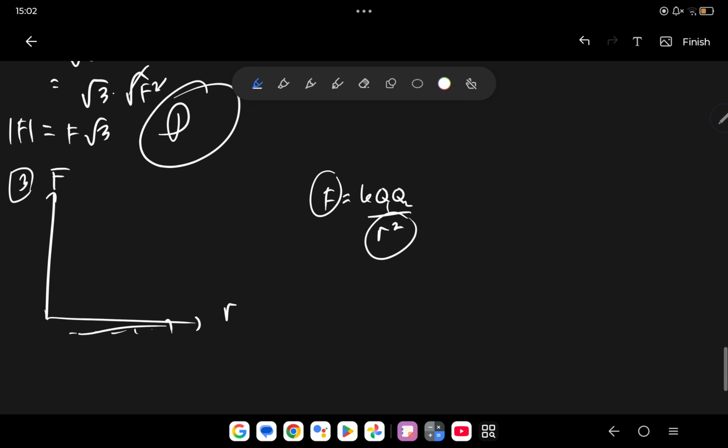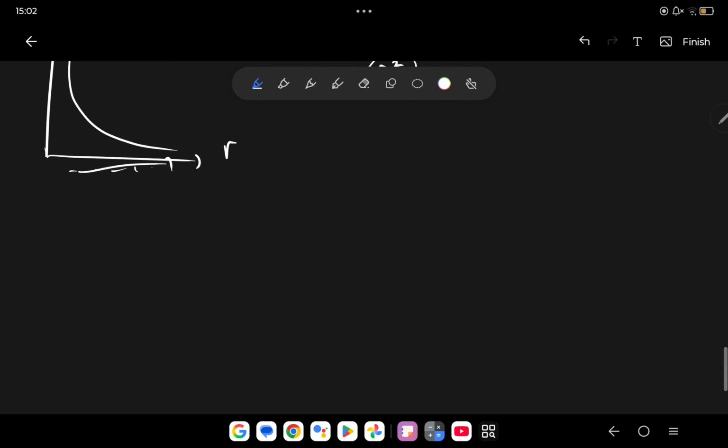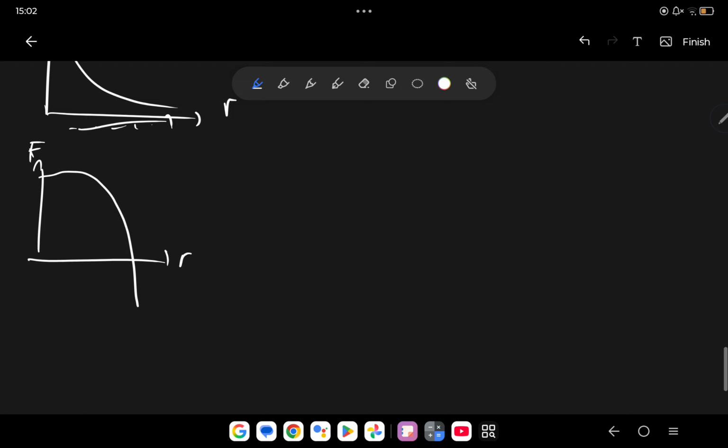So I'm currently thinking if it's this. Looking at the options, there's this, and there is this. They're both pointing down, but I think the correct option is this one. Why? If we have the graph like this, it's going to intersect here at one point.